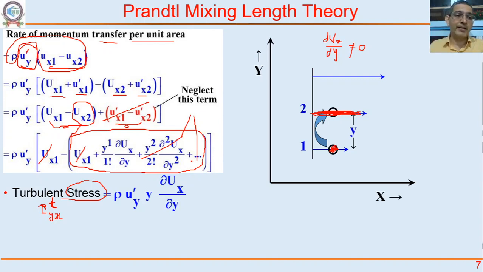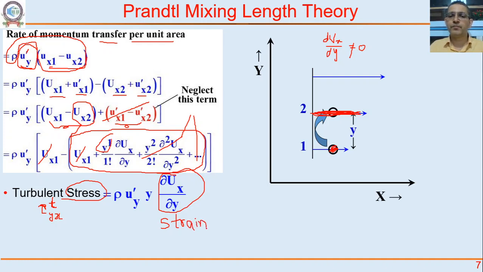So you will find that the turbulent stress is rho ui prime y dux by dy. This is now the mean velocity strain, but it is at a local value. It is a time average strain at that location.